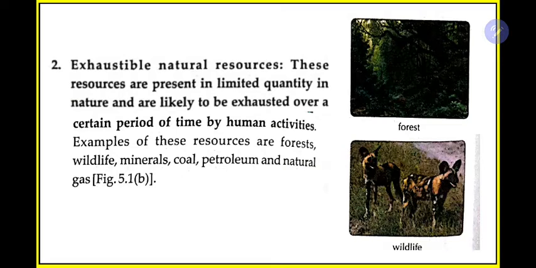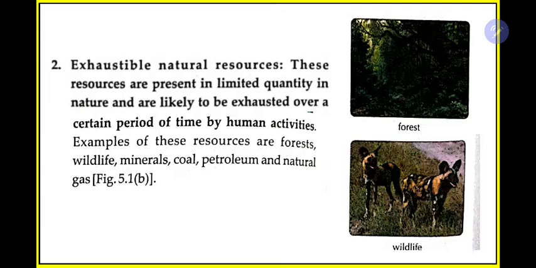These resources are present in limited amount. So if we use this in bulk quantity, there is a chance that the amount will decrease day by day, and one day they will vanish, right? They will vanish from this earth. By whom? By the activity of human beings.